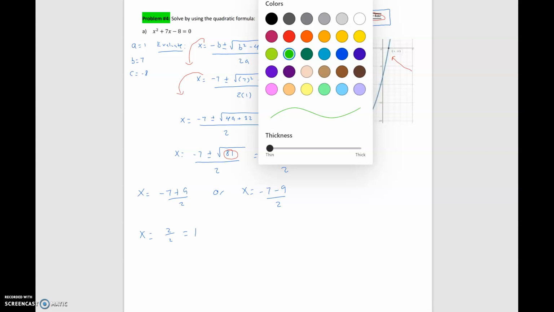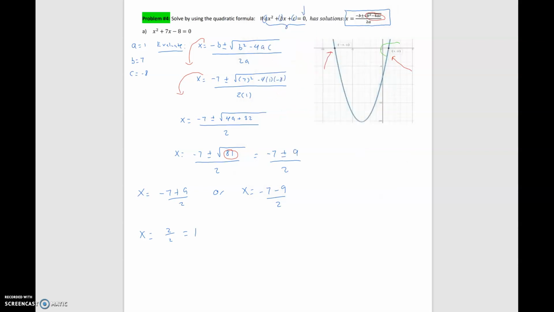In the first case, we end up with 2 divided by 2, which is 1. And that's going to represent this solution here. That represents x is 1 and y is 0, or your first solution. And the second one is x equal to -16 divided by 2, or -8.